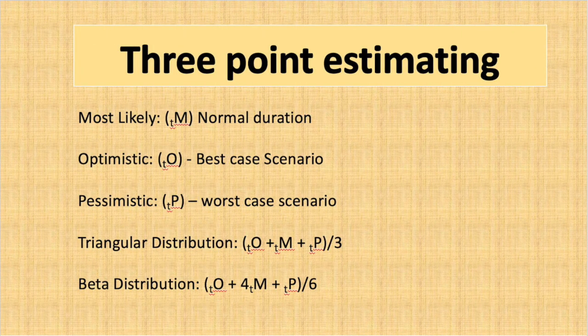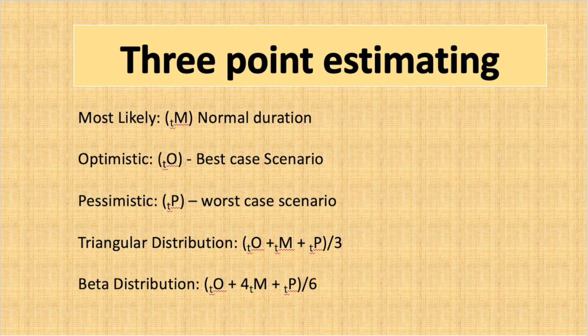Another technique we use is 3-point estimating, where we consider most likely, optimistic best case scenario, and pessimistic worst case scenario. And we use triangular distribution, where we take the average of best case scenario, worst case scenario, and normal duration, and we also use beta distribution.